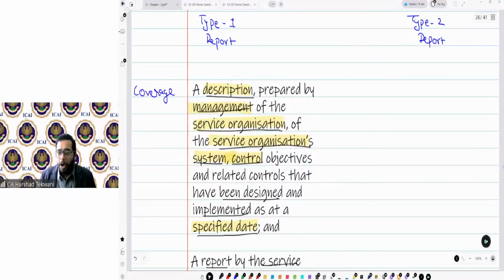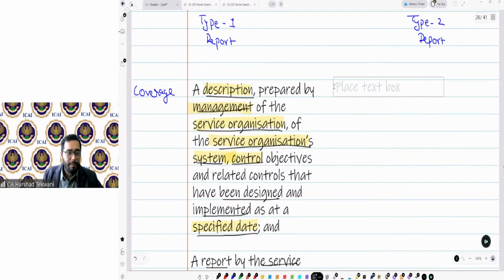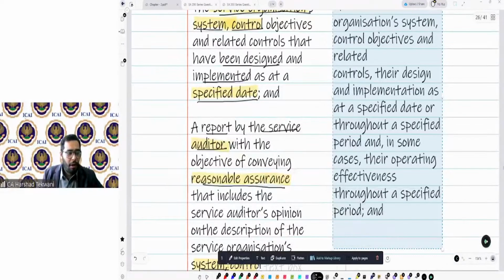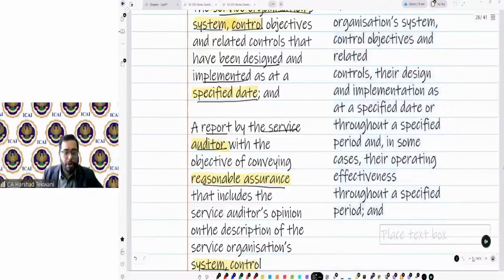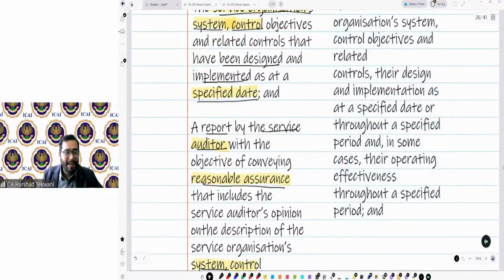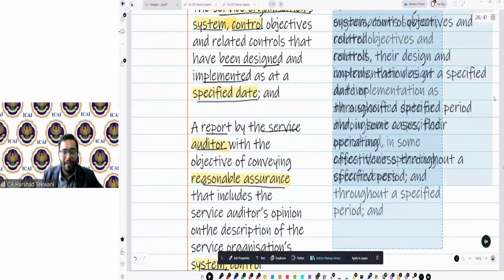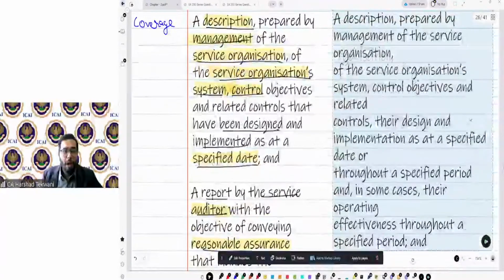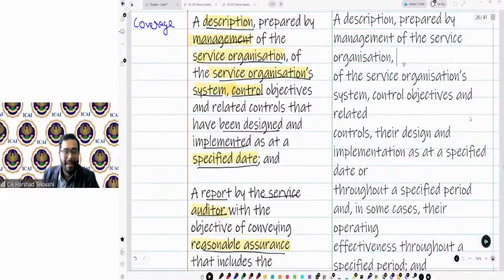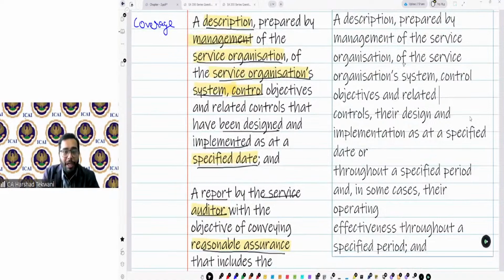Now, if I talk about the coverage of type 2 report, what is the difference in that? Let me show you the difference between both of them. Type 2 report talks about the service organization's system and controls descriptions, but not only related to a specified date, but throughout the year.